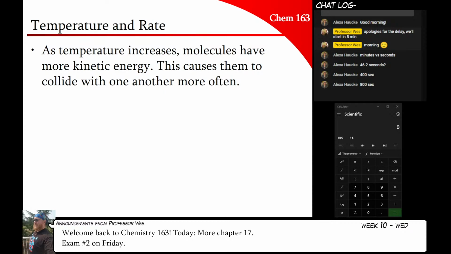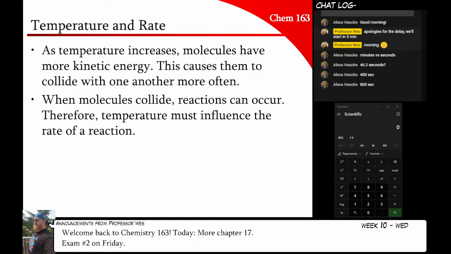So they will collide with each other not only more frequently because they're moving faster, but also with more energy. And so this tells us that if molecules bump into each other, and that's how reactions occur, temperature must control how quickly the reaction goes.